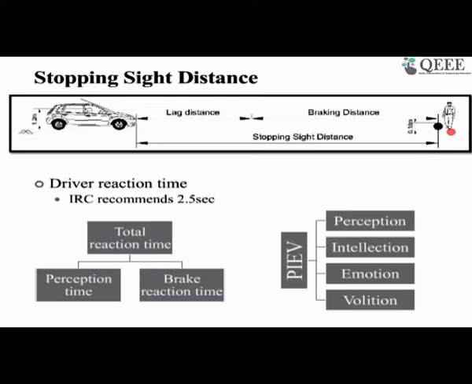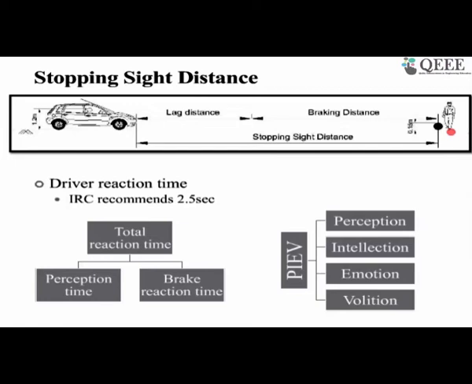It's a very small fraction of a second, but it is still there. This time, when the information goes from our eye and ear to the brain, is called the perception. Once it goes to our brain, we need to process that information to understand what is exactly happening, and that is called the intellection, and this will evaluate what the situation is.